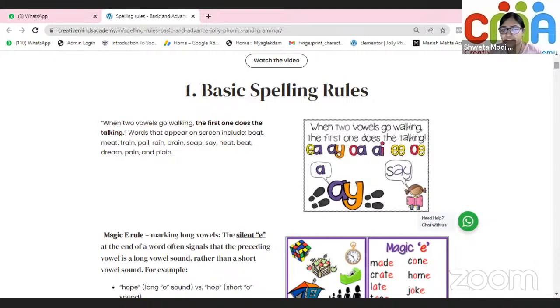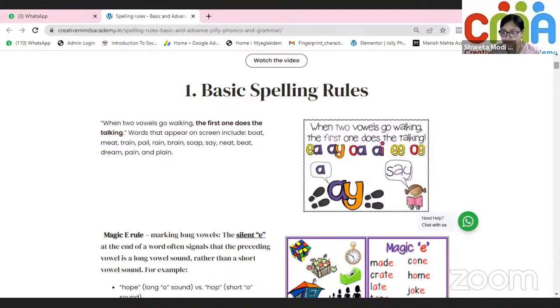So the first rule which we have done is the basic rule. Now, teachers, you all are attending this webinar, so you must be facing some kind of challenge while teaching these spelling rules. So I want you all to put up your queries here in the live chat, if you find any of these rules difficult to teach to the kids.